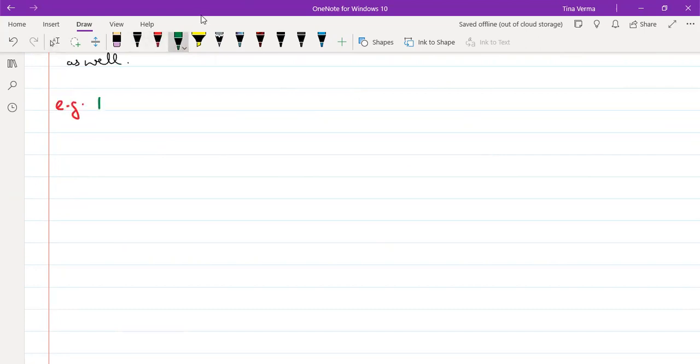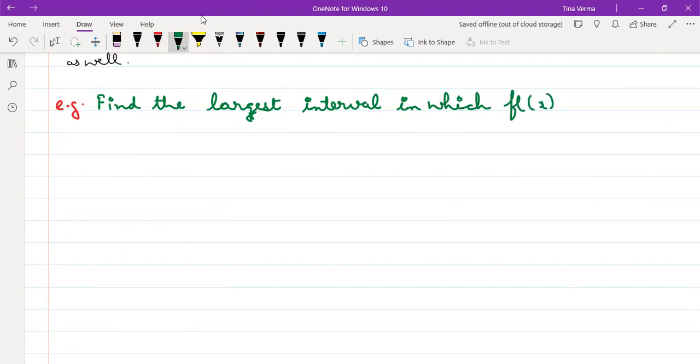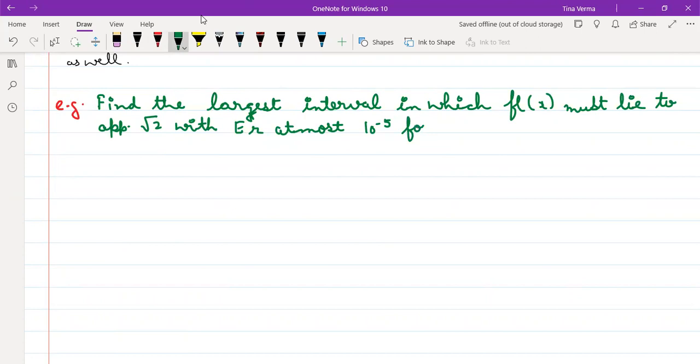Next example: find the largest interval in which FL(X), that is the floating point representation of X, must lie to approximate under root 2 with relative error at most 10 raised to the power minus 5 for each value of X. So now the question is that you have to find the interval.